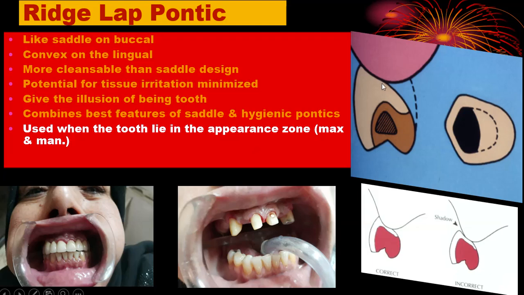The ability to irritate the tissue is less. It still gives the illusion of being a tooth, because lingually we did not remove anything from it. It combines the best features of saddle and hygienic pontic, and is used when the tooth lies in the appearance zone.